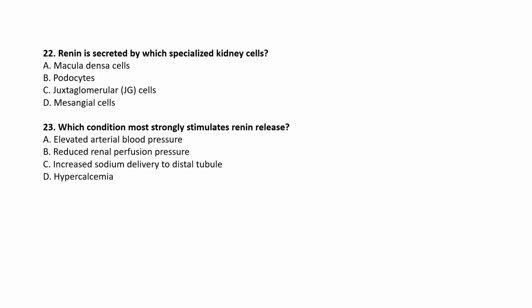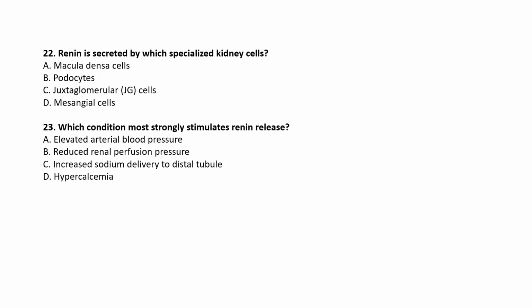So, the correct answer here, most of you got it, and those who didn't, I hope now I'll make it clear. It's option B. Why is this? When it comes to these kind of things, you have to remember the ultimate goal of this pathway or this system. The goal is to respond to reduction in blood pressure.